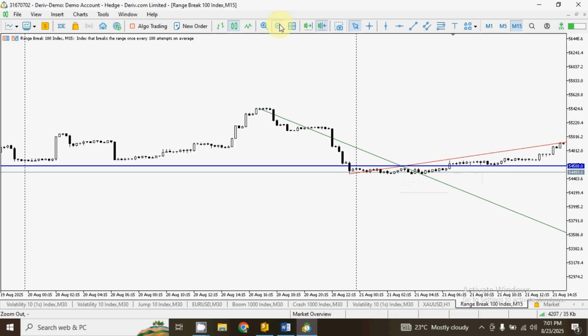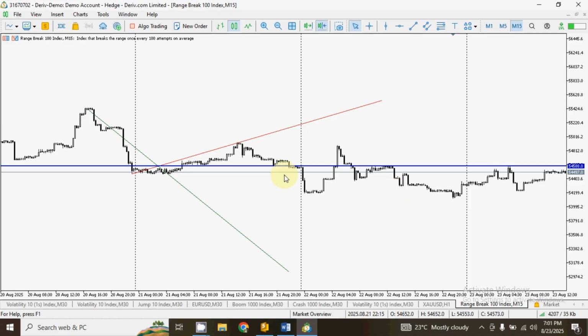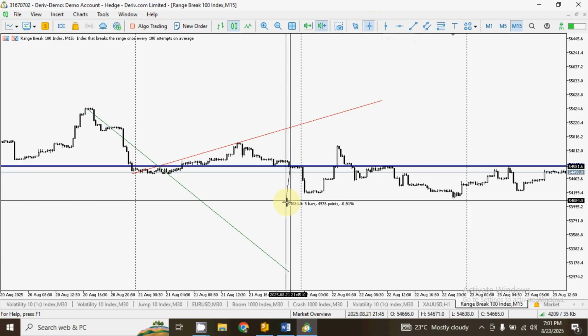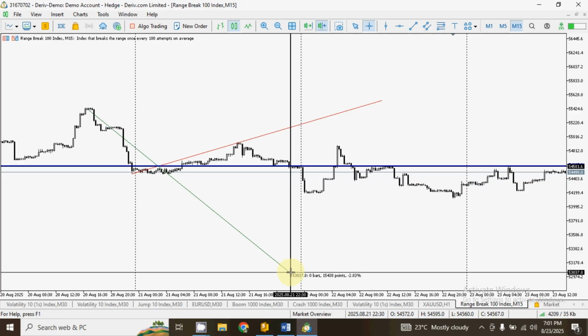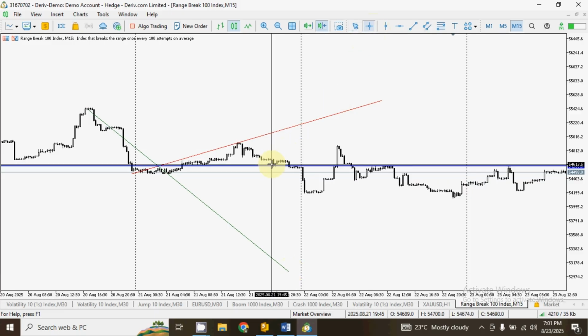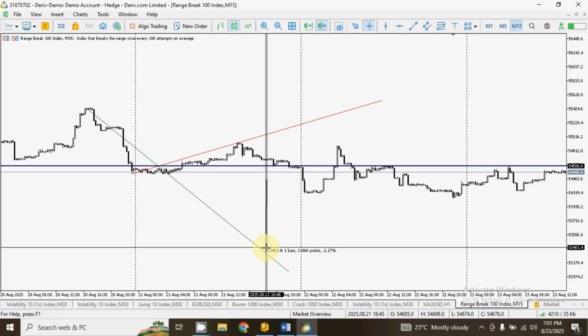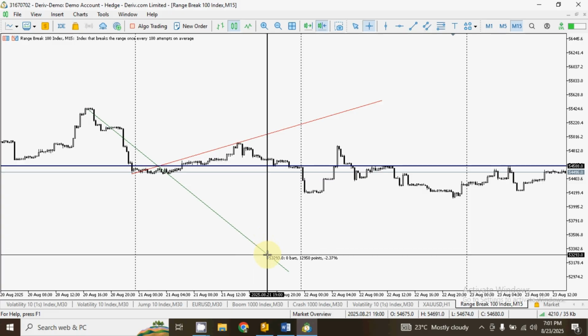The next thing you are going to do is check the current day. When the current day starts, check the number of points from the horizontal line downwards. It is 12,950 points downwards.